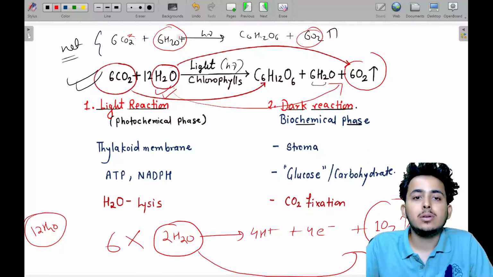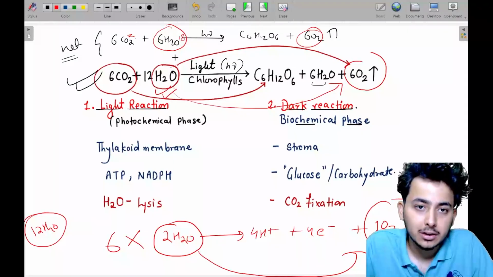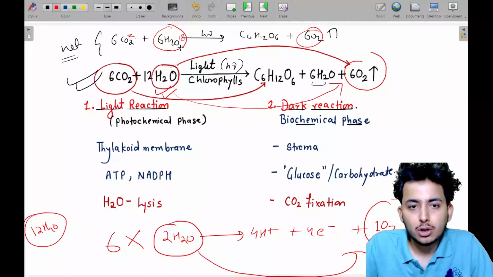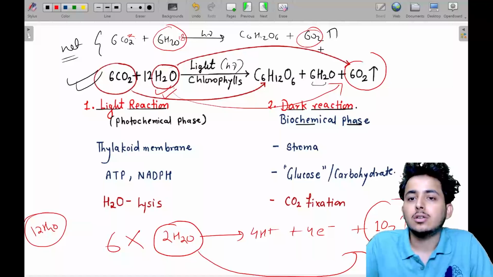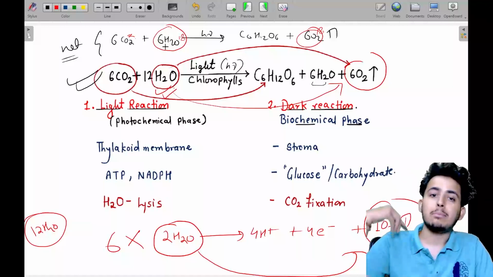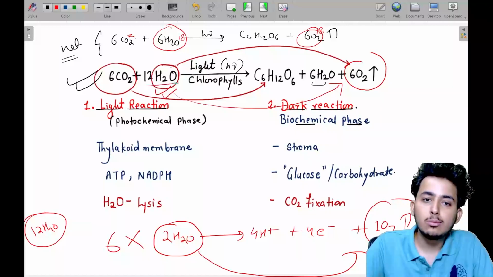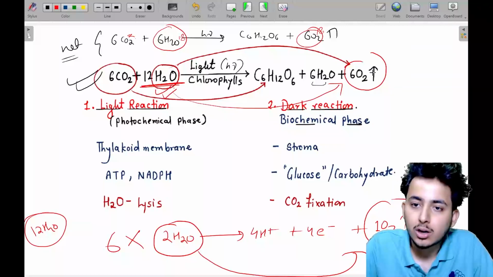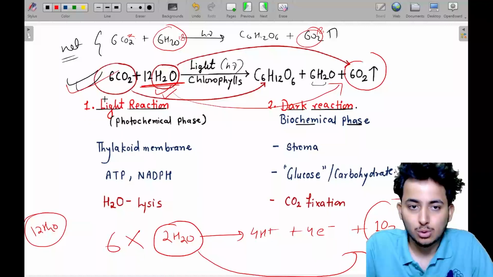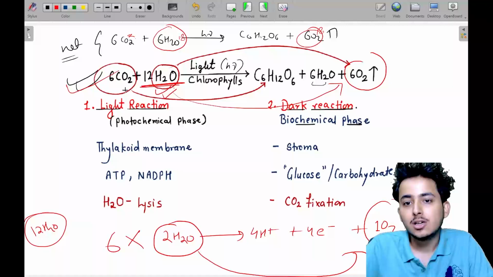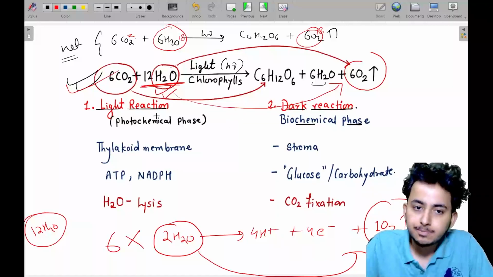But when they used O18 instead of O16 and radiolabeled the oxygen of water, they found that the oxygen that is evolved is radiolabeled. So that means oxygen comes from the splitting of water. To represent that correctly, we need 12 molecules of water on the LHS, so that you can represent that 6 O2 are released. That is why this equation is more correct. I hope you got the answer; we had the suspense from these lectures. I hope this is clear.